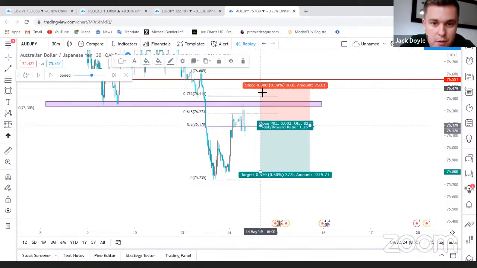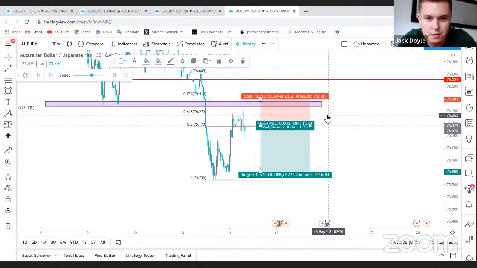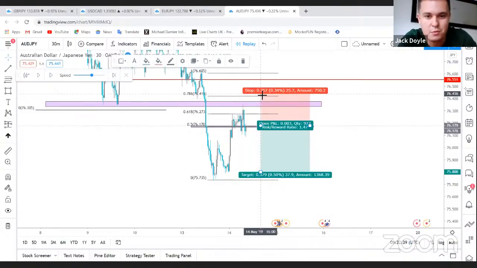I'll put my stop above this mini resistance form of support on the 30-minute chart. So it's a 21 pip stop. Or actually, you know what? I'll put it just above the 786 for a 25 pip stop.